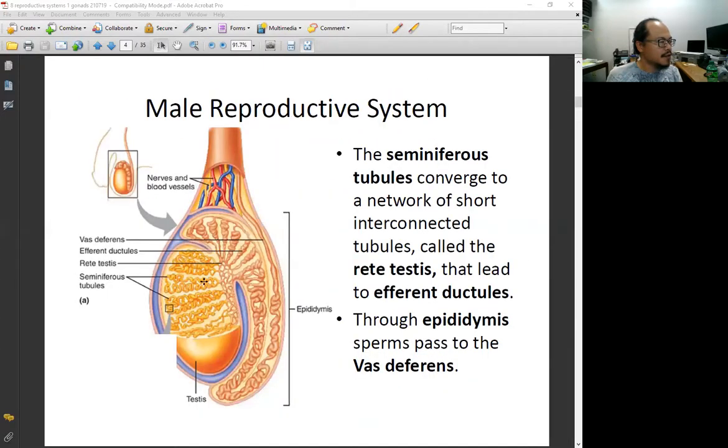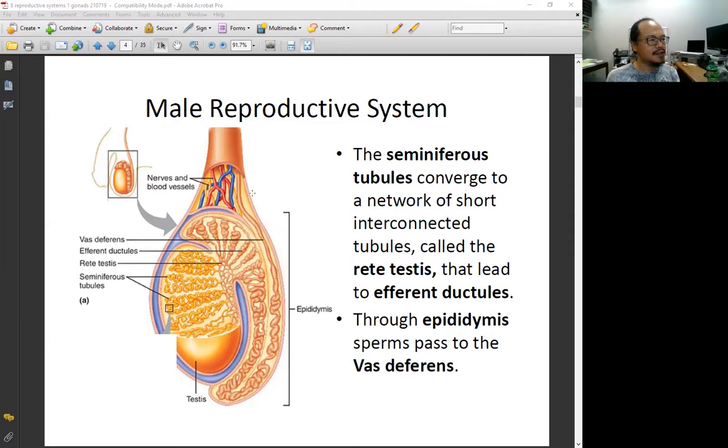This tubule is formed by multiple layers of cells in the tubule wall, and then the sperm will go through the rete testis, through these efferent ductules, go through the epididymis, and then enter into the Vas Deferens.